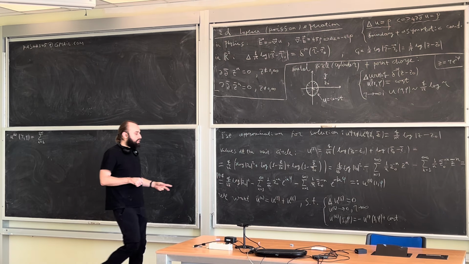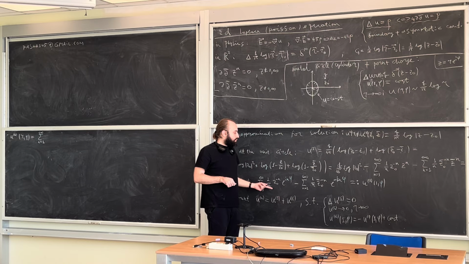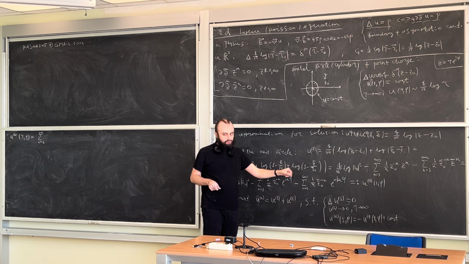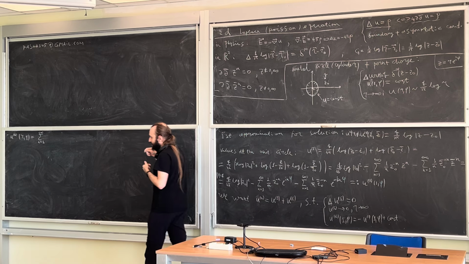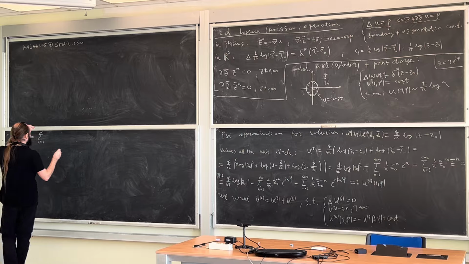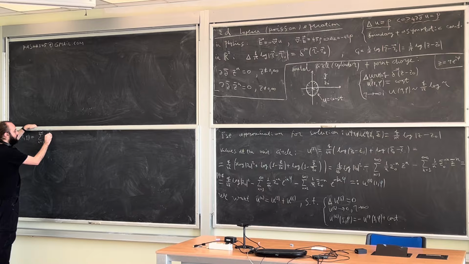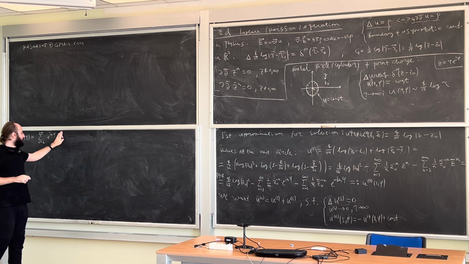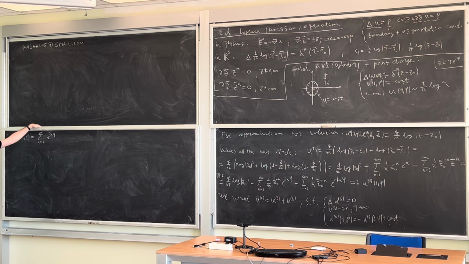In principle, this one has all Fourier modes. All coefficients in front of e to the i n phi are non-trivial. So we should also have them here. So we should have e to the i n phi multiplied by something, but by what expression? So that they cancel.